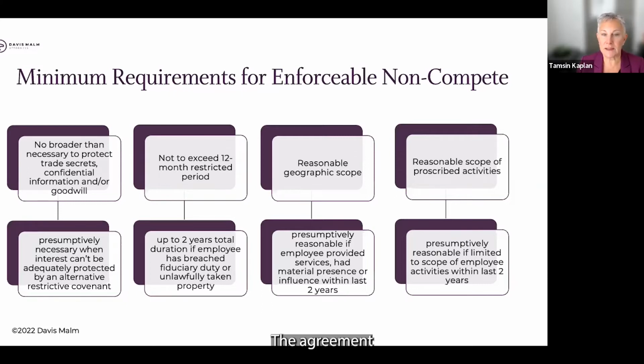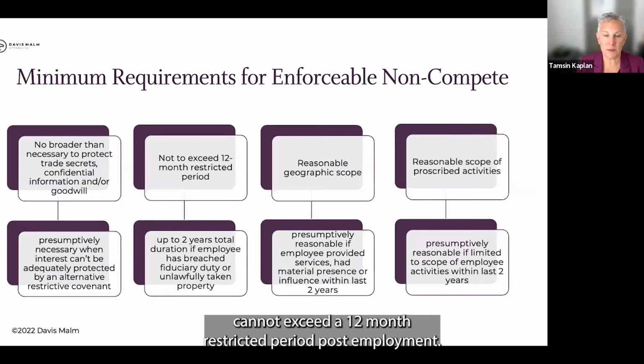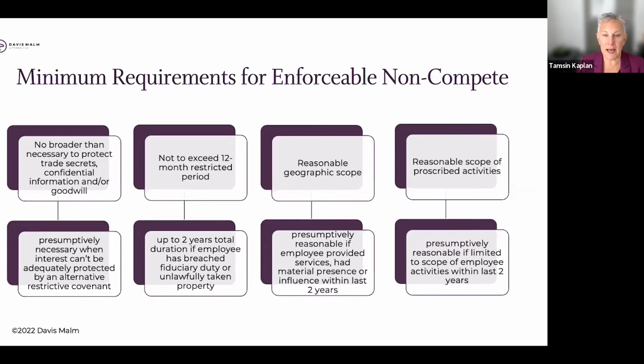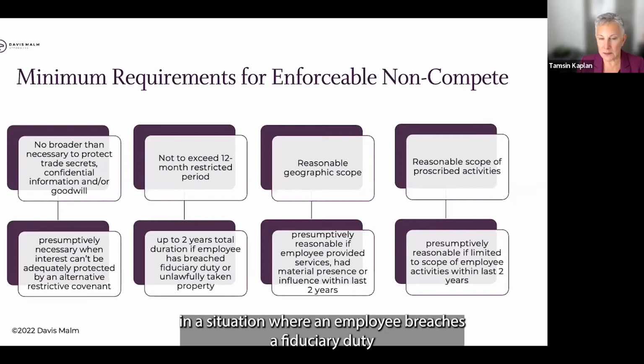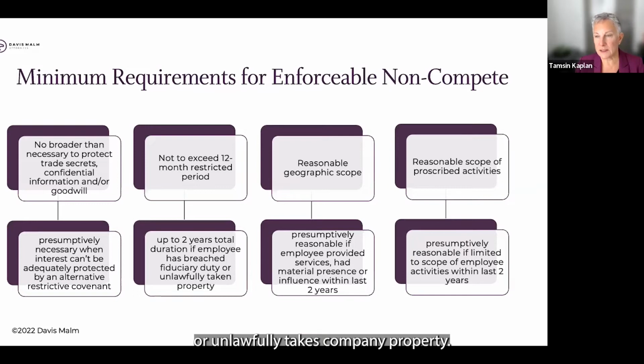The agreement cannot exceed a 12-month restricted period post-employment. It can extend up to 2 years total duration in a situation where an employee breaches a fiduciary duty or unlawfully takes company property. It must be reasonable in geographic scope.